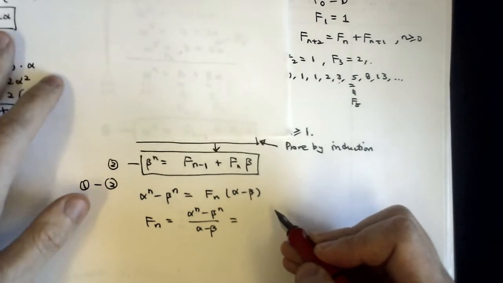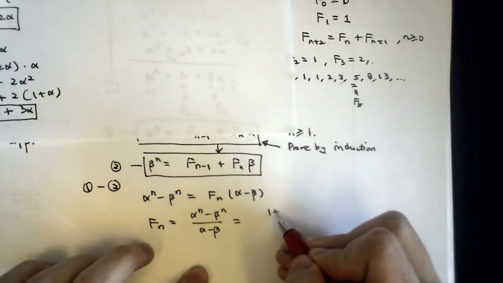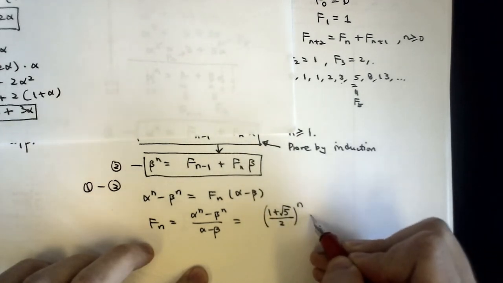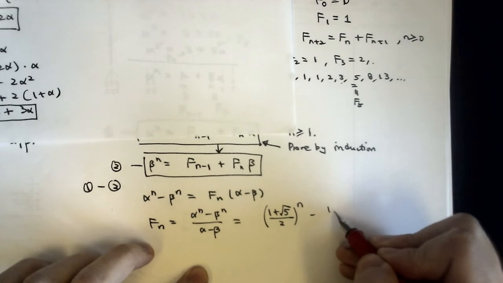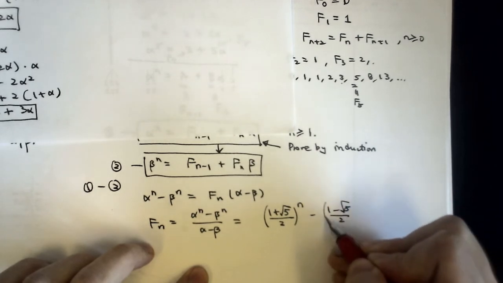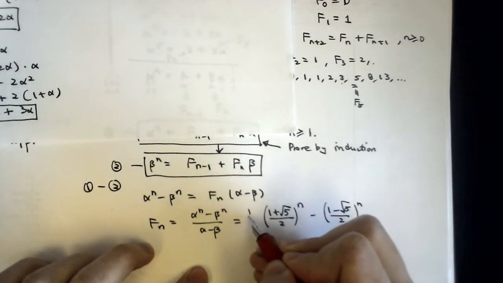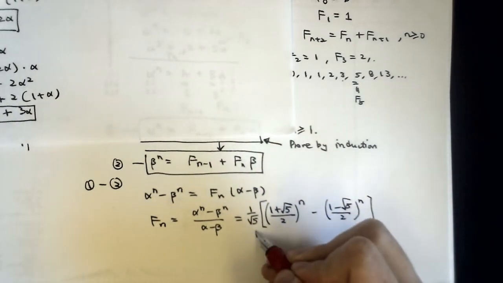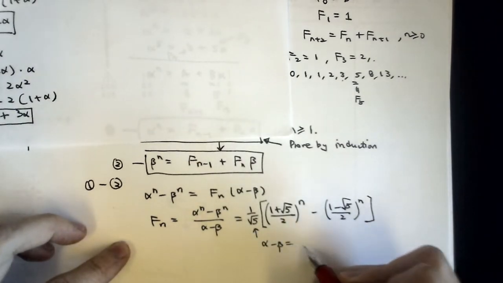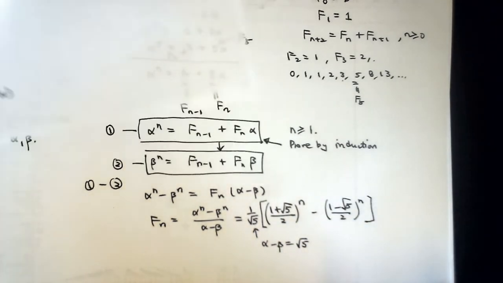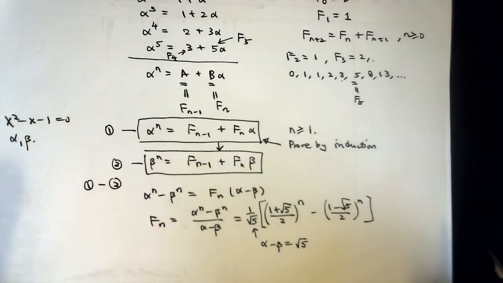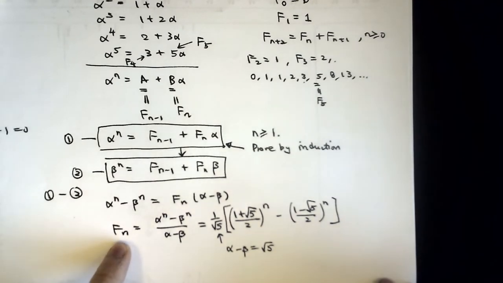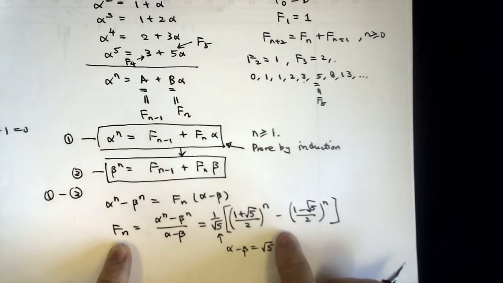That would be (1 plus root 5 over 2) to the power of n minus (1 minus root 5 over 2) to the power of n, and all together over root 5, because alpha minus beta is root 5. So we prove that the Fibonacci numbers can be expressed in terms of these expressions, full of root 5.